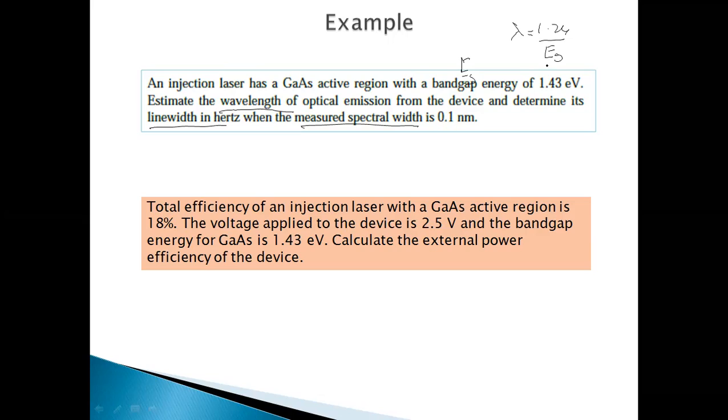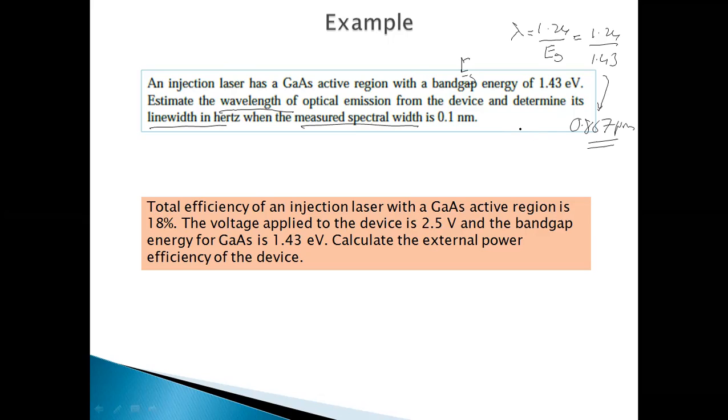In this case, your gallium arsenide active region has a band gap of 1.43 electron volt. So lambda is 1.24 divided by 1.43, which equals 0.867 micrometer. That should be the wavelength of emission produced by gallium arsenide having a band gap energy of 1.43 electron volt.